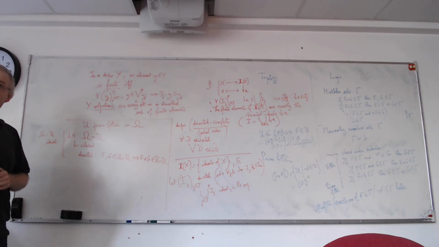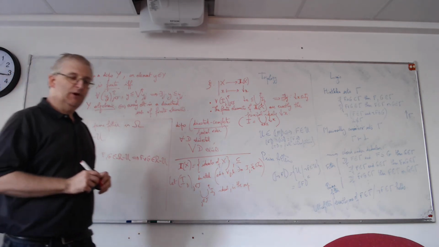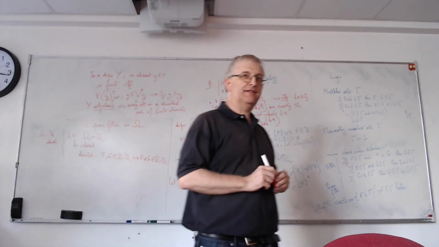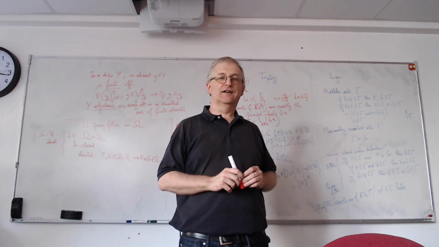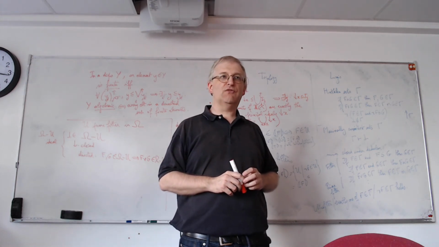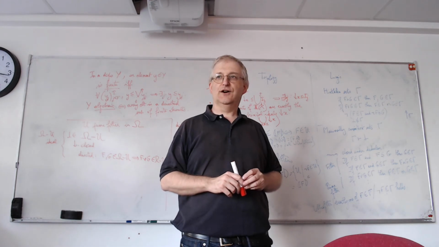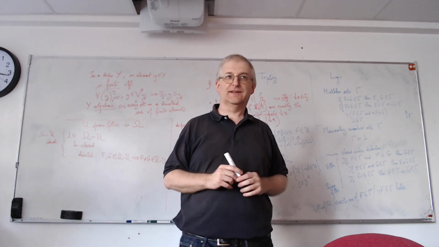It's even better than that. Remember meet prime elements? When we did Stone duality, I told you one of the ways you can define a set of points is by taking completely prime filters, or you can take meet prime elements of your lattice.